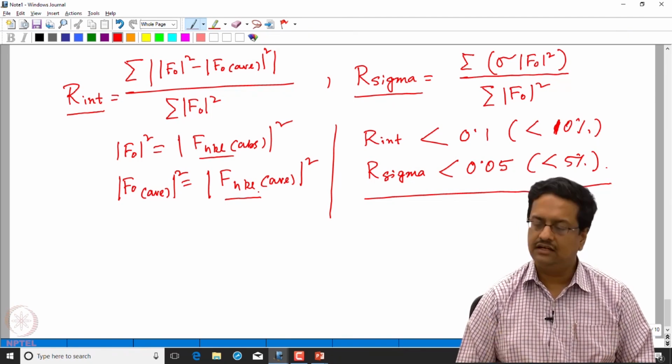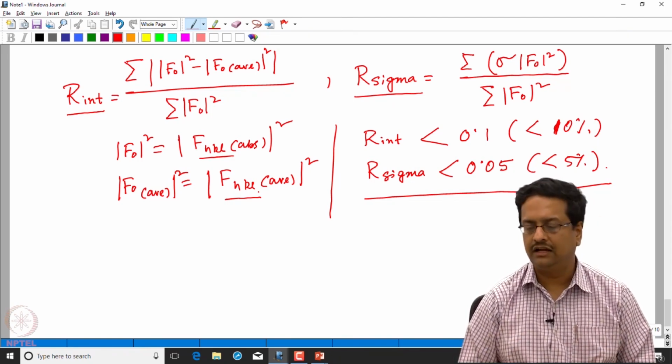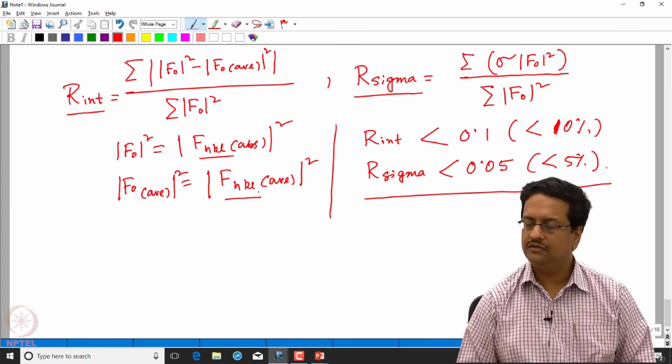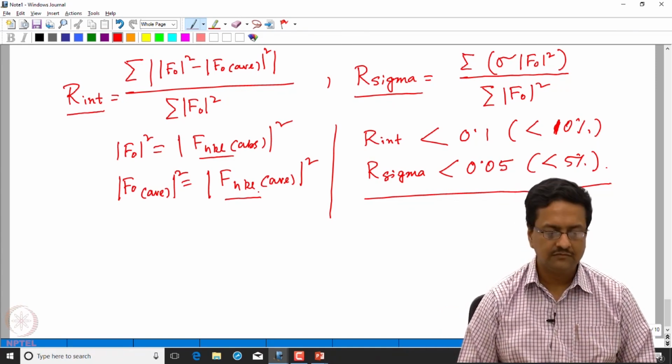So all these can lead to a very large R int, and this large R int may cause problems during the structure solution as well.